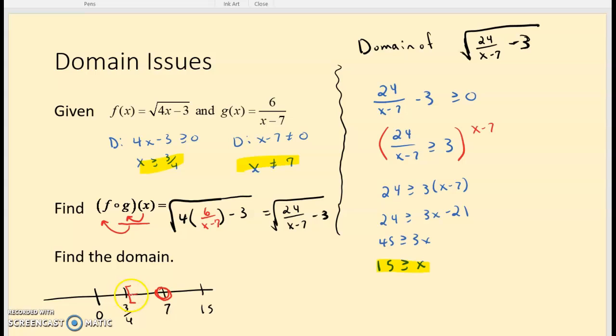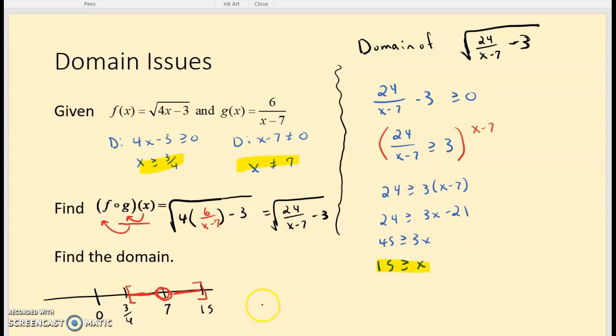Greater than or equal to will go to the right, and it could keep going forever, except that when I did the composite, I can only use numbers less than or equal to 15. So really the numbers I am limited to with this new square root function are between 3/4 and 15, but not 7.